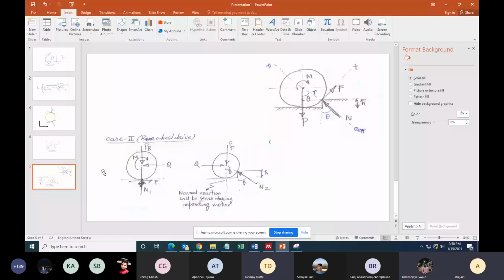Sir, there was some asking about the friction. But for impending rotation too, if the back wheel rotates, then the front wheel should rotate too. Yes, that's why the friction in the back wheel is the key friction.